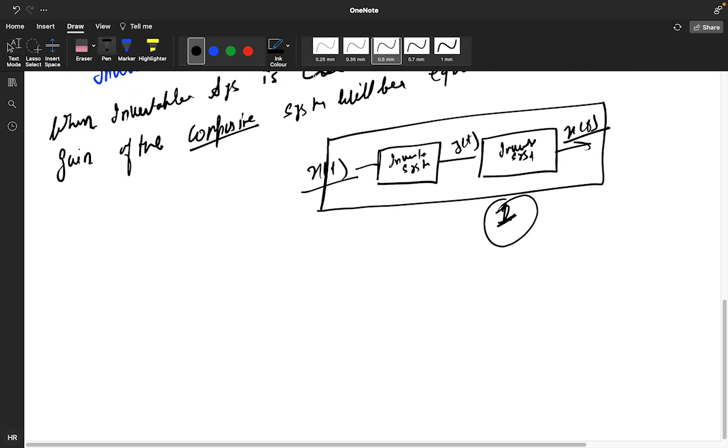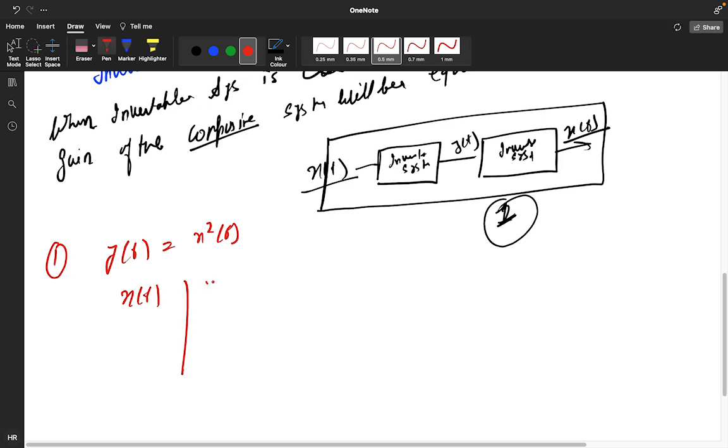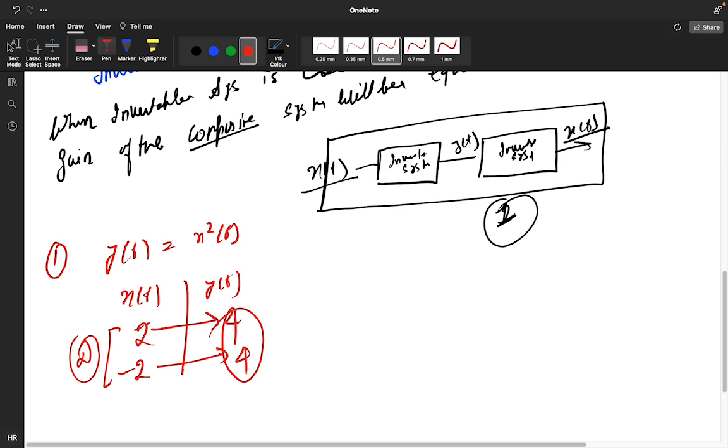now you need to check whether the system is invertible or not. First one is y of t is equal to x square of t. So is it invertible or non-invertible? We can check: put x of t as 2, so 2 square is 4. Put minus 2, minus 2 square is 4. So two different inputs, but we are getting the same output.